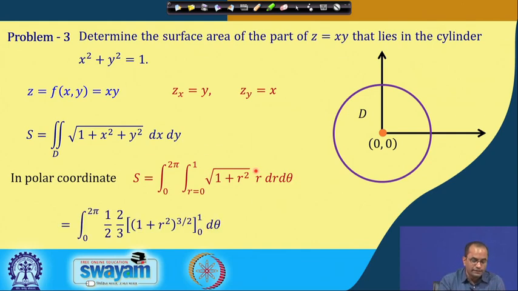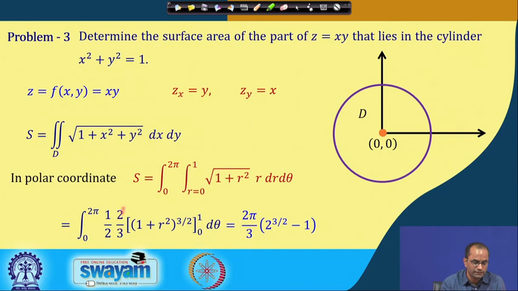We can again integrate this easily. We have 1 plus r square to the power half. When we integrate, 1 will be added there, so we will have 3 by 2 and this will be 2 by 3 to compensate, and then we have the limit 0 to 1. Putting these limits, there is no theta here, so because of theta we will also get 2 pi.